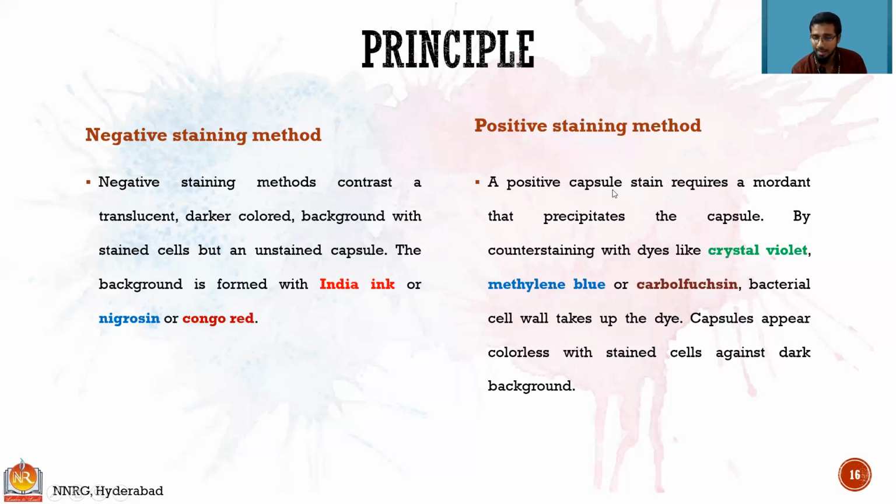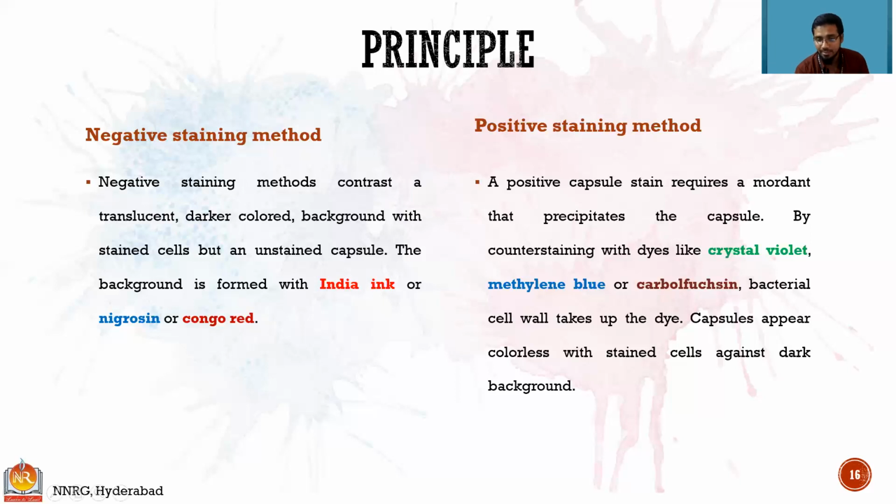Whereas the positive capsule stain requires a mordant that precipitates the capsule. What is a mordant? It means we put it in a beaker bottom and heat it so that the capsule gets precipitated. By counterstaining with dyes like crystal violet, methylene blue, or carbol fuchsin, the bacterial cell wall takes up the dye, and the capsule appears colorless, similar to negative staining.